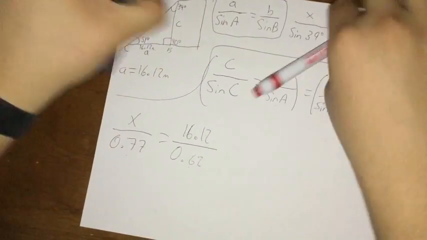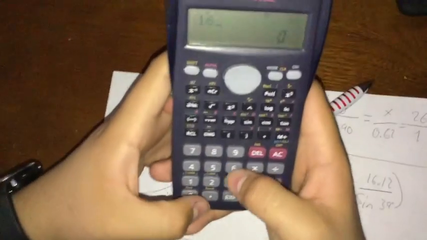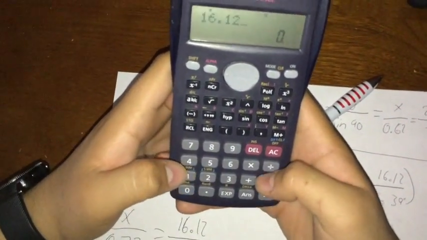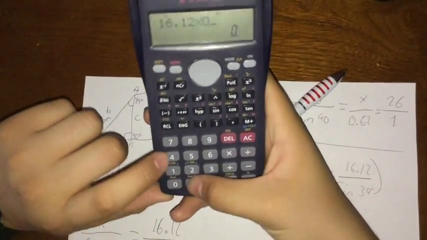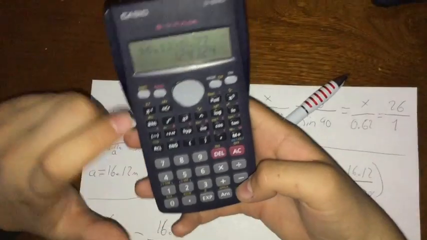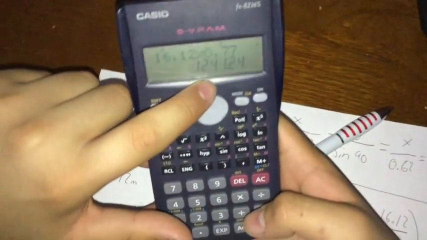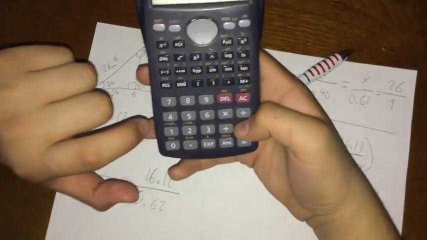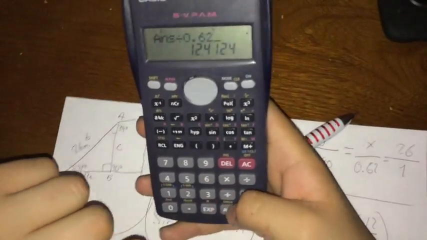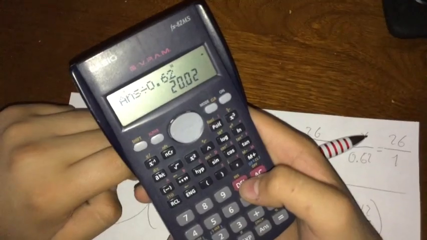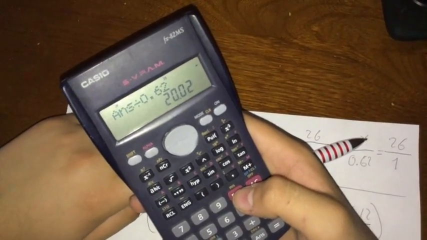That is 16.12 times 0.77, it's 12.41, divided by 0.62, it's 20.02.